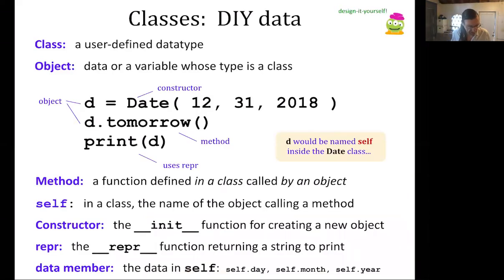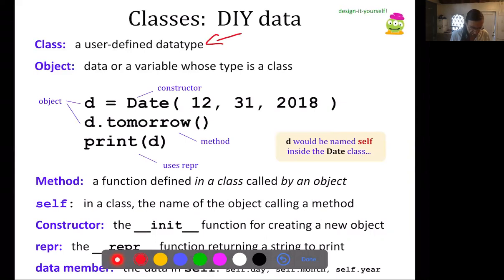The date class, just as a review of stuff you've already done, the class is your data type. An object is a specific class, right? So the date 12/31/2018 would be an object in the date class. And then you define methods, which were various functionality built into the date class, which did things to dates, right?